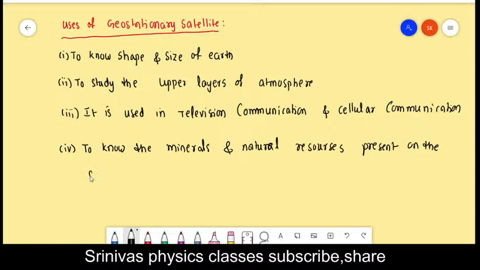This is about the geostationary satellite.